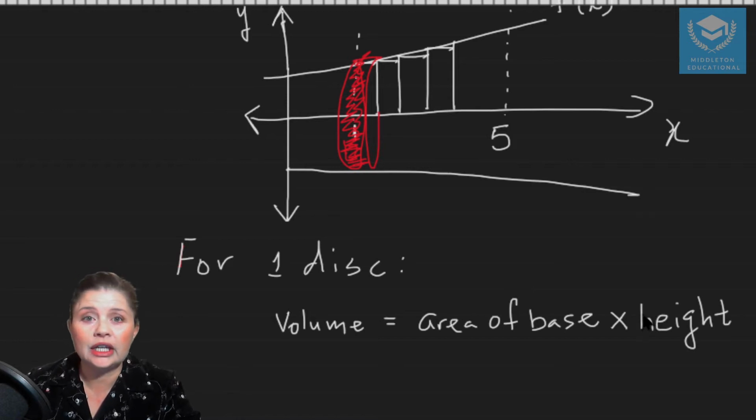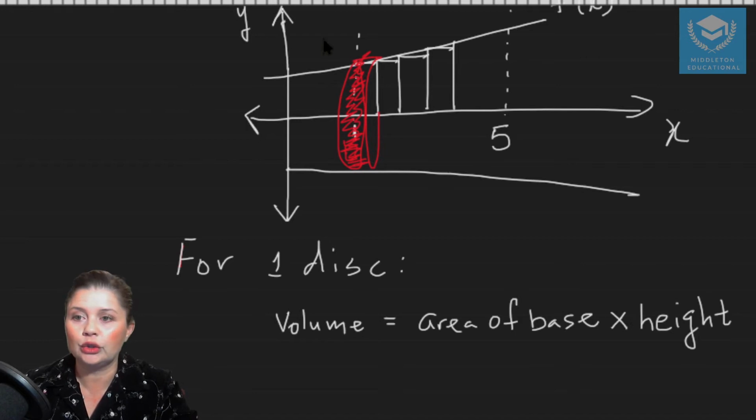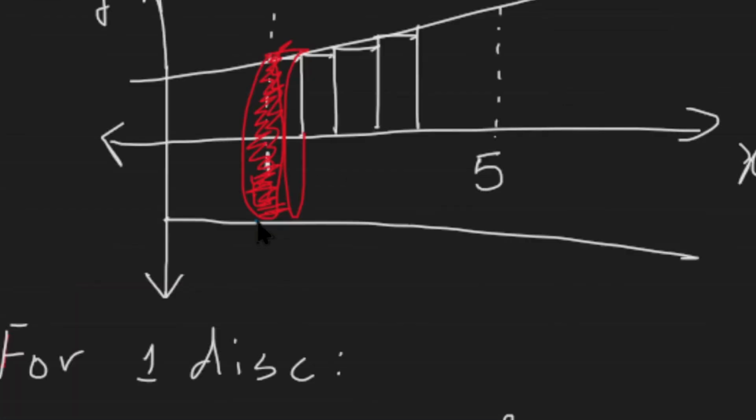So now we need to figure out what is the base and what is the height. So if you look at your picture, your height is going to be this piece here, right? That's going to be the height of that disk over there, yeah?